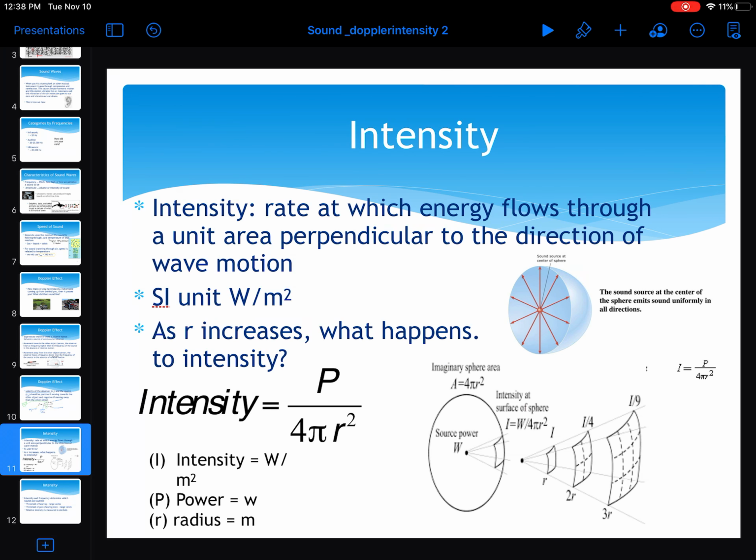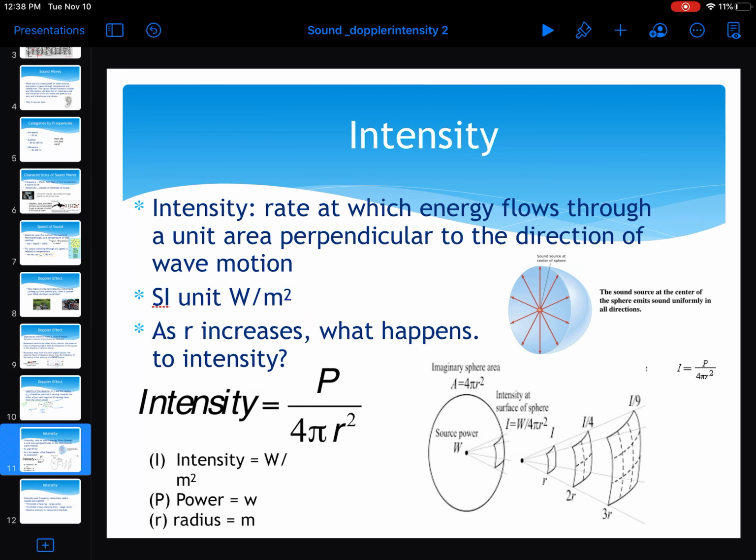All right. The last thing that we need to discuss is something called intensity. And so here this is defined as the rate at which energy flows through a unit area perpendicular to the direction of wave motion. Remember when we looked at the image of the water and we had the rock or pebble or whatever it was that was dropped into the water and it made circular waves.